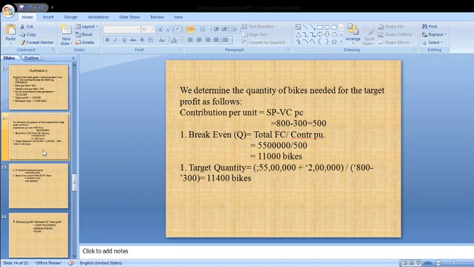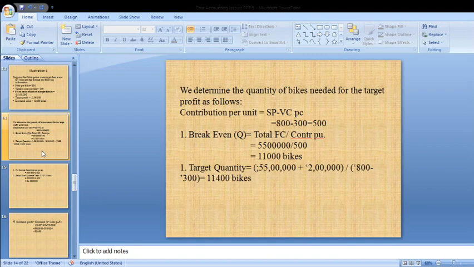In units, it can also be calculated in sales terms, or it can be calculated as a percentage. So, you are able to sell 12,000 units. That means you have a margin of 600. So, 600 upon 12,000, how much is this as a percentage?